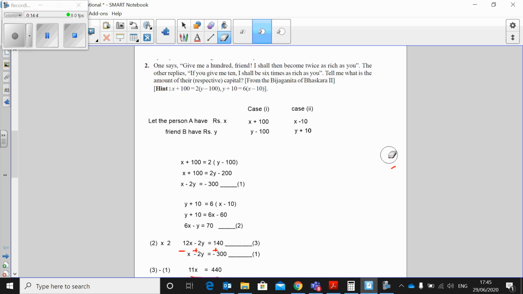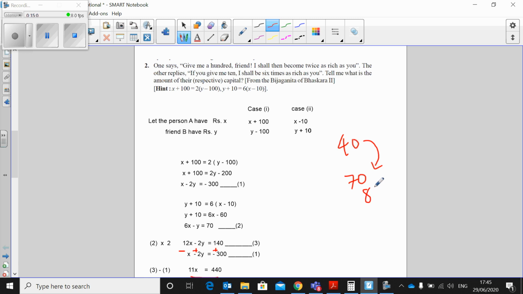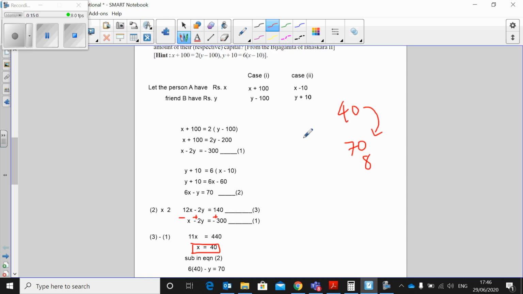The similar case, let us think about 40 and 170. What does the second statement state? He says if you give me 10 rupees, that means he has become 50 now. Sorry, 40 and 170. So he has become 180 rupees.